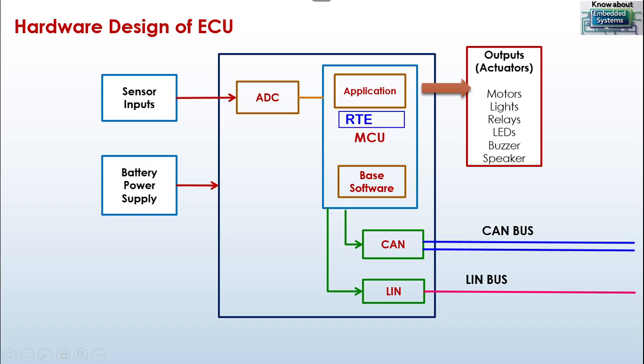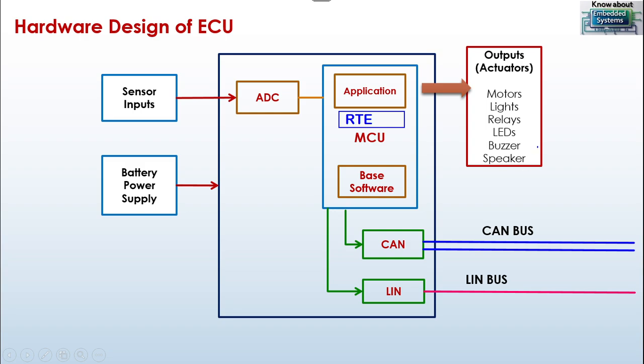So this microcontroller is a kind of thinking circuit. Since we develop the programming according to the input data, our microcontroller will think, and finally it is going to act.